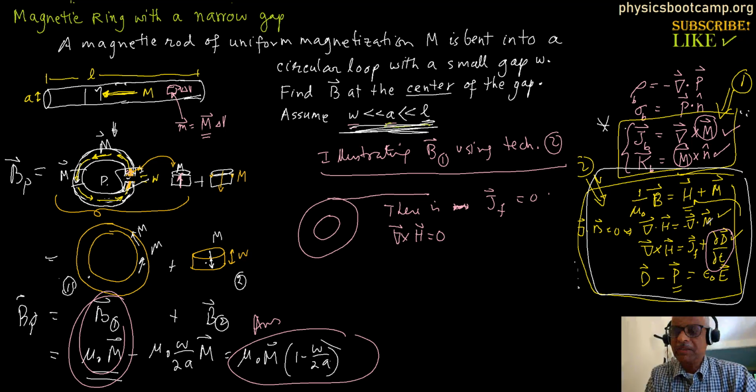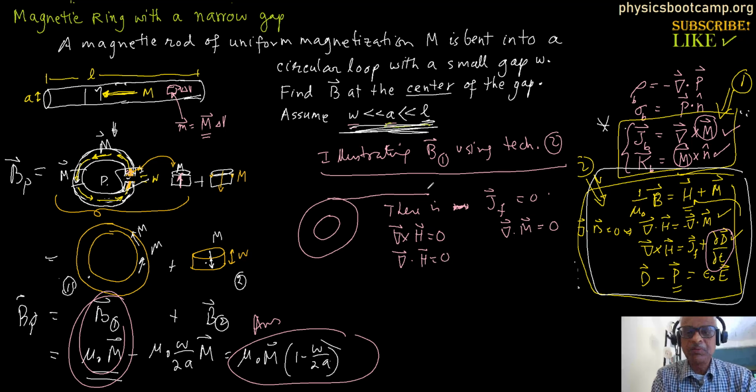Now m is constant, so it's not diverging away, and so we know del dot m. Here there's a little bit of divergence, if you want to calculate that out, because you might say it's circulating. But m is constant, so this is also 0. So del dot H is also 0.